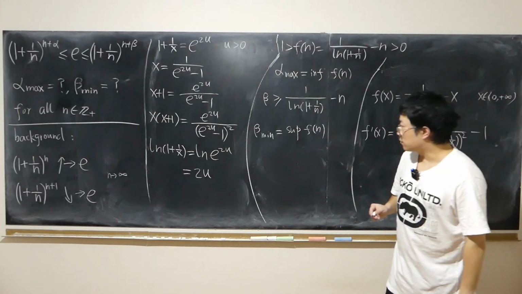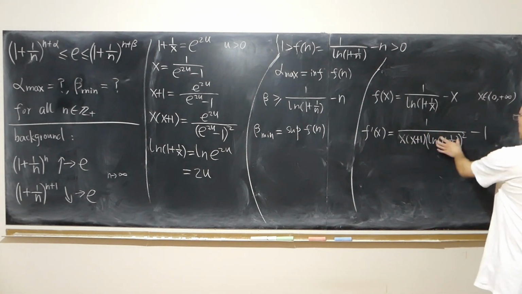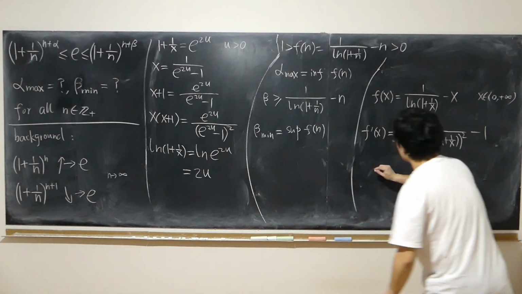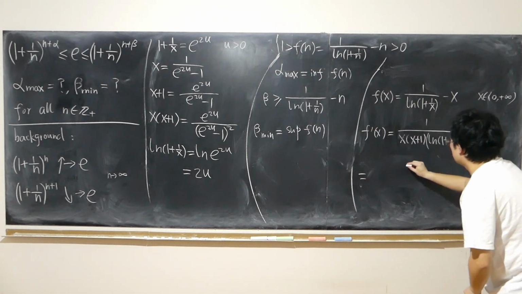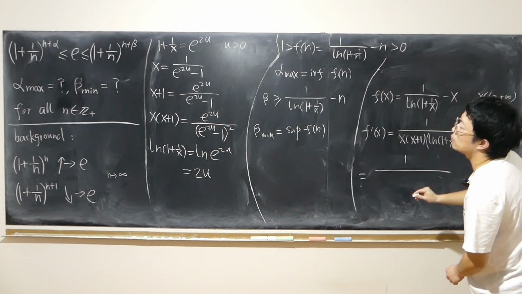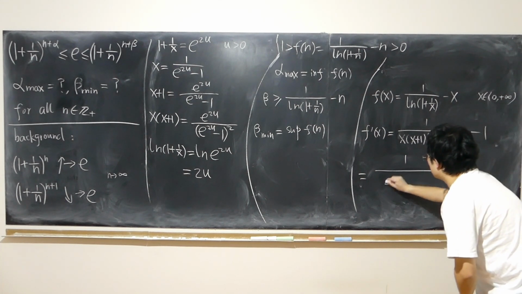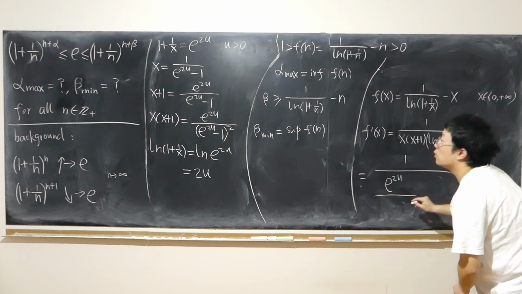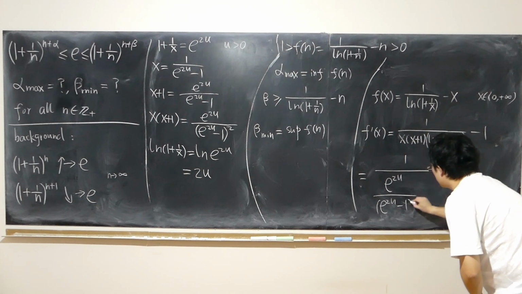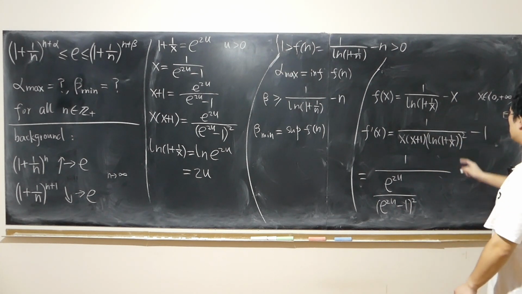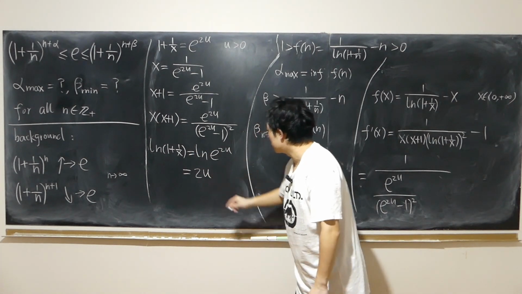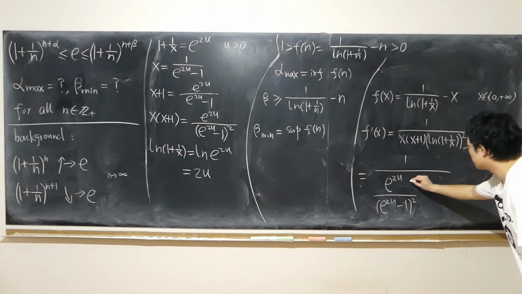So this part, 1 over x times x plus 1, is equal to e to the 2u minus 1 squared over e to the 2u, and times this part squared, 4u squared.